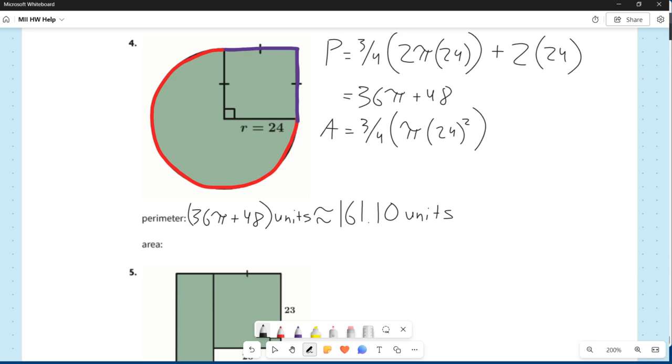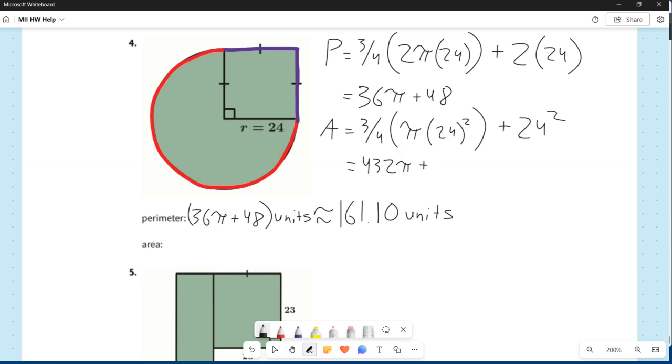That represents the 3/4 circle, sort of the Pac-Man figure. And the area of a square is just 24 squared. So 24 squared times 3/4 simplifies to 432 pi plus 24 squared.